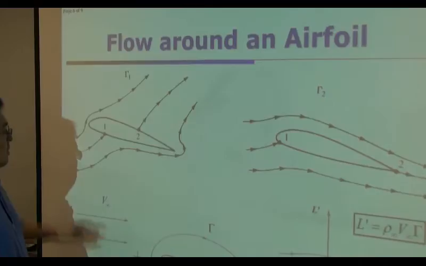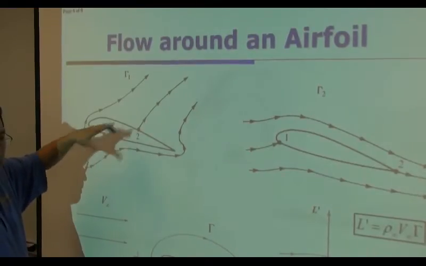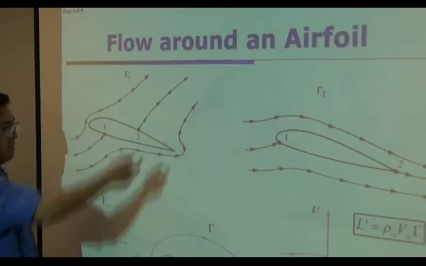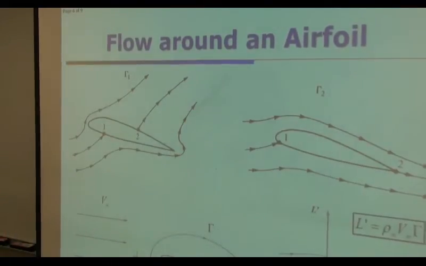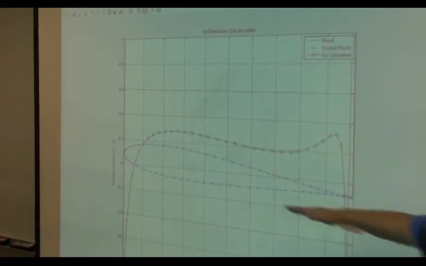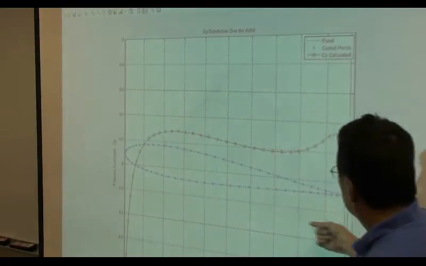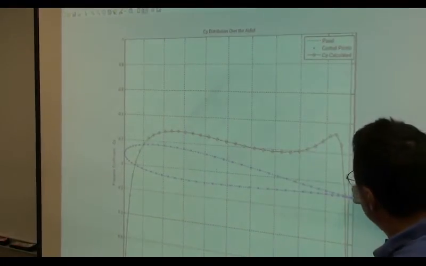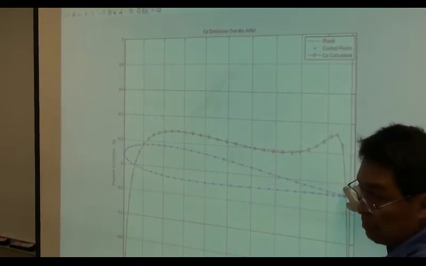So this is not an invalid solution. This is mathematically correct because nothing constrains the amount of circulation here. So that's what you're seeing. As you pitch up and pitch up and pitch up more, flow goes around, circulates here, creating a temporary stagnation point.